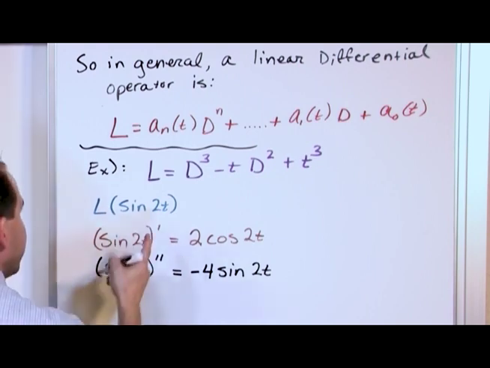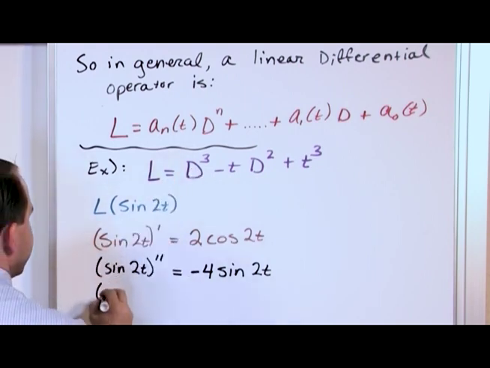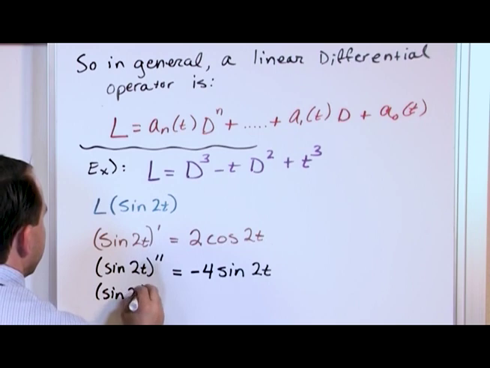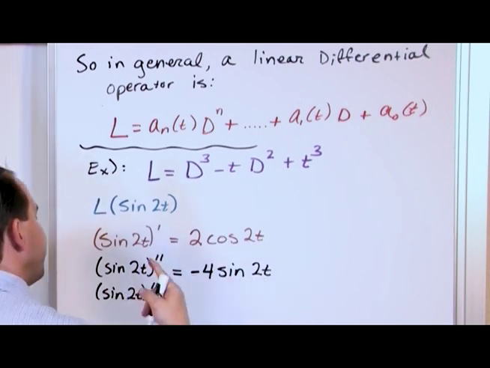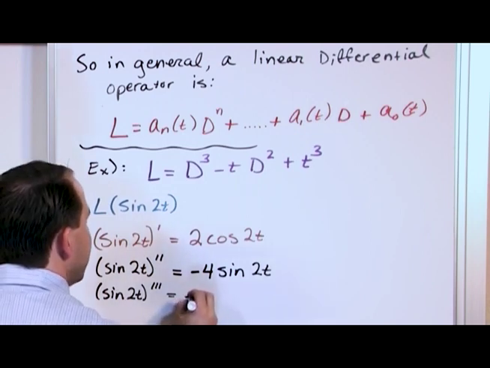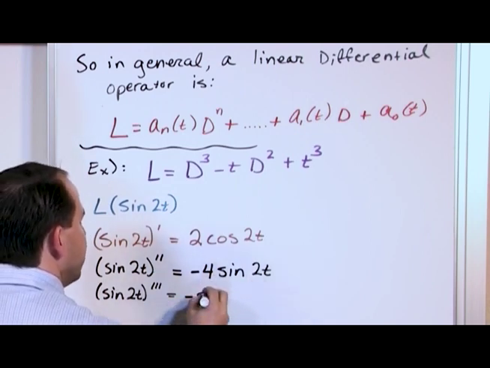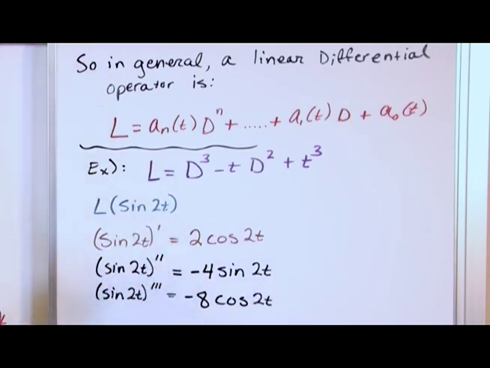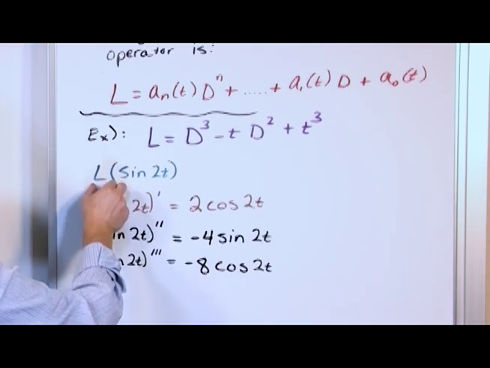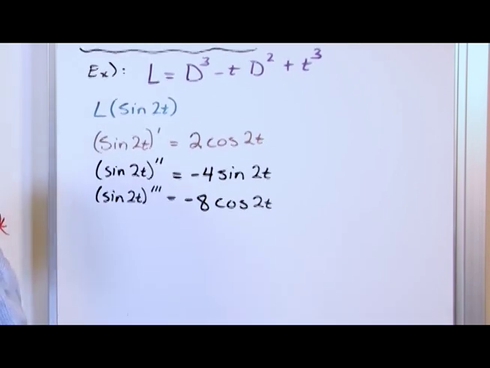And then if I want the third derivative, because I'm eventually going to need it, sine of 2t, third derivative, I just take the derivative of what I have again. Derivative of sine is positive cosine, so I have negative 4 times 2, which is going to give me 8 cosine 2t. So really all I'm doing here is calculating derivatives, because in order to operate on it, I'm going to need to do every single term.